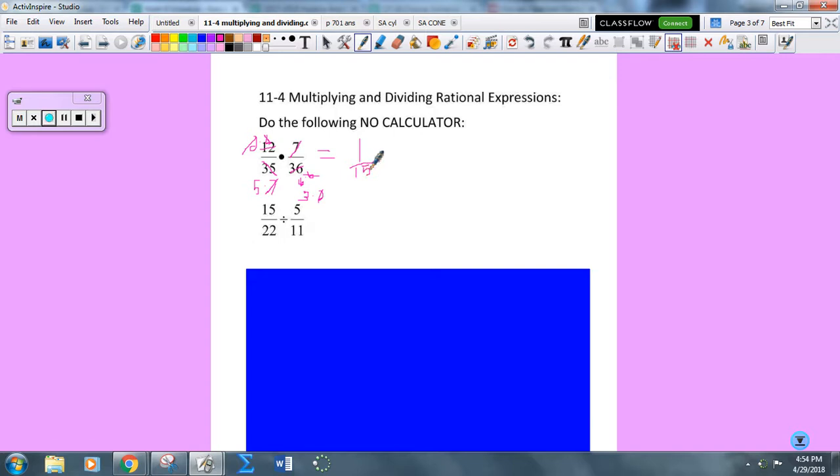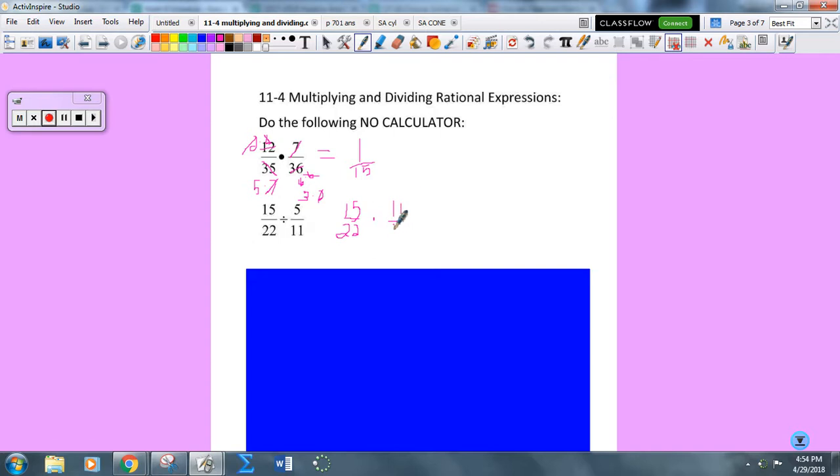I can do a similar situation when I am dividing. But what do I need to do first when I'm dividing? We call it skip, flip, multiply, some of you. We multiply by the reciprocal, so it's 15/22 times 11/5.